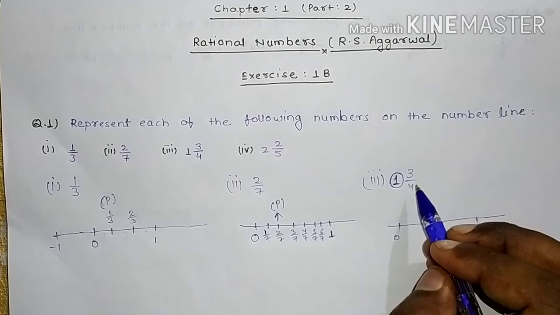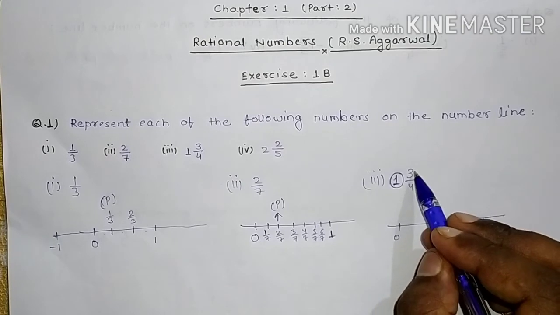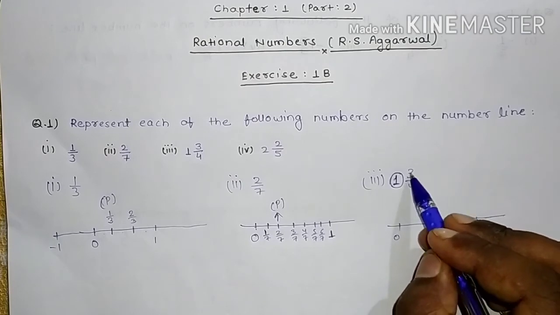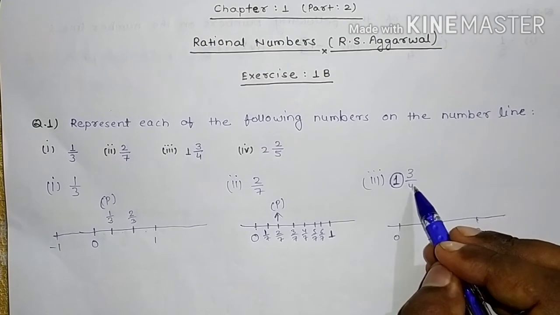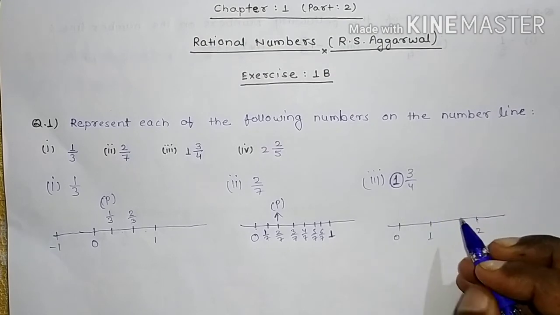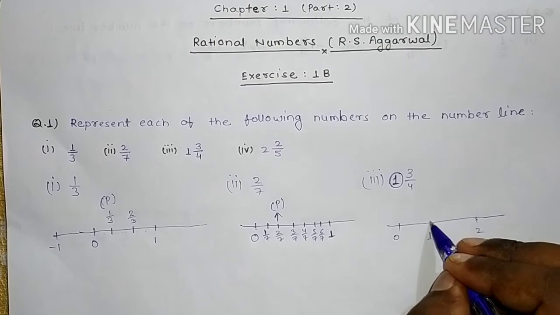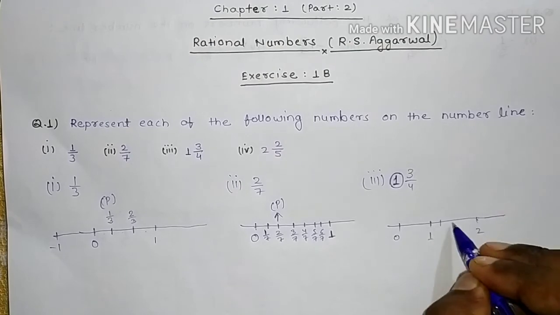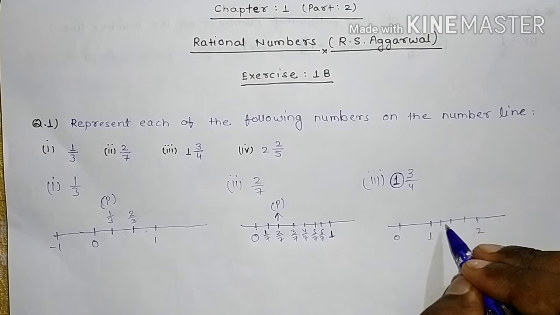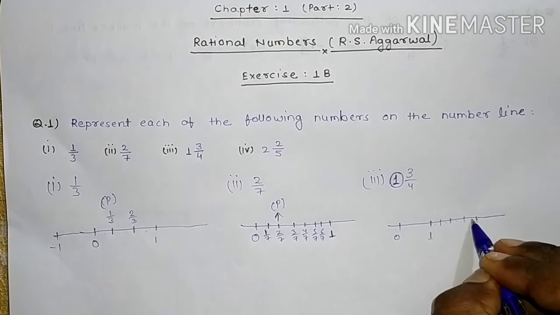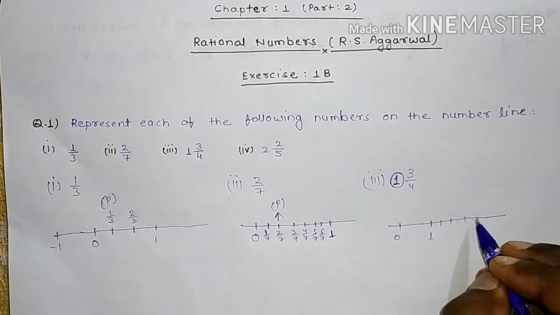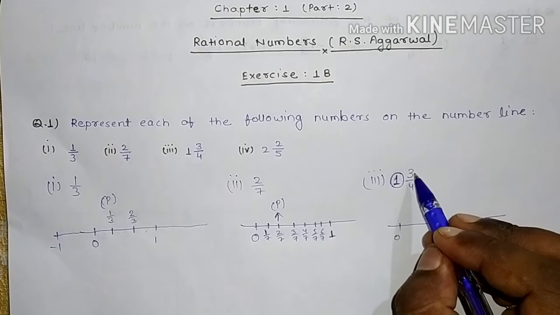Okay, now again same process. 3 by 4. 4 is denominator and 3 is numerator. So denominator is 4. So just divide 4 part between 1 to 2. So this is 1 part, 2 part, 3 part and 4 part. Now next step, numerator, that is 3 here.